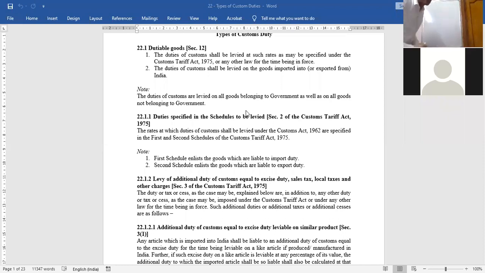It is 10% of value, it is fixed, 10% of value. How much is the value? 2 lakh rupees.